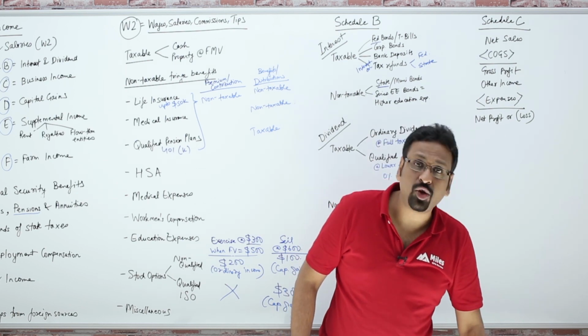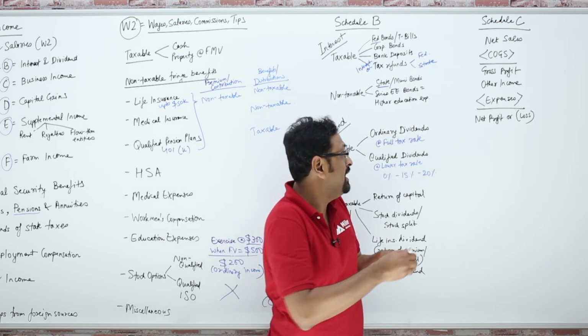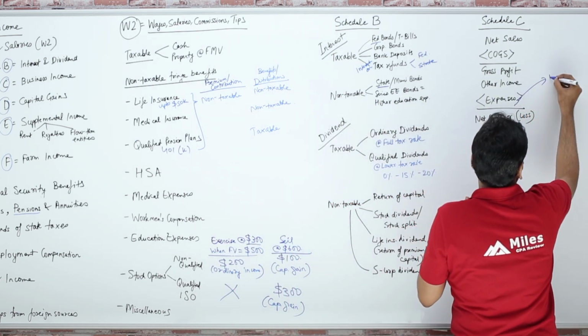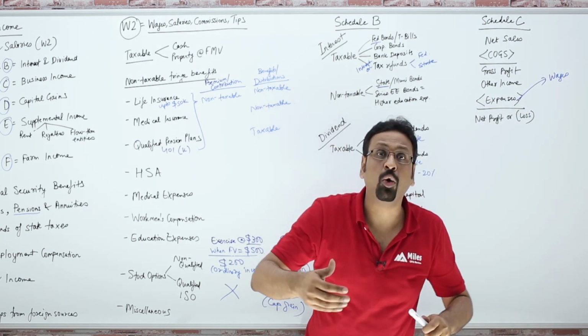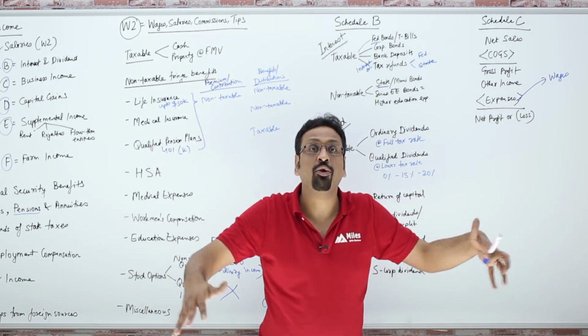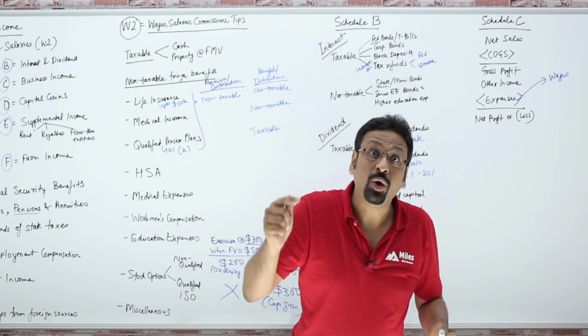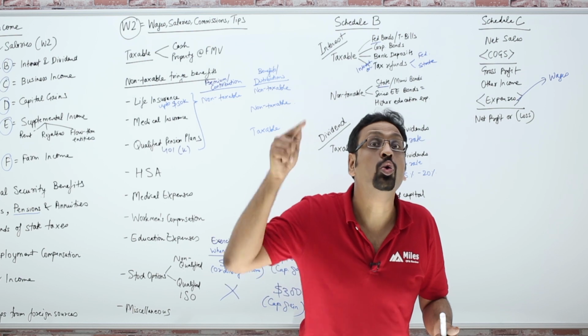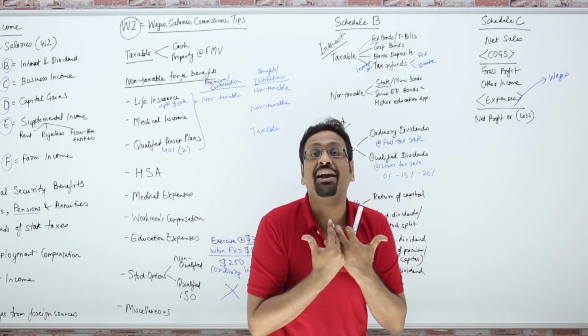Now, when we are talking about business expenses out here on Schedule C, let's talk about wages. So these are wages and salaries that you pay out to the employees that you've hired in your sole proprietorship concern. Note that you as the entrepreneur, you as the business owner, you cannot be paying wages and salaries to self.